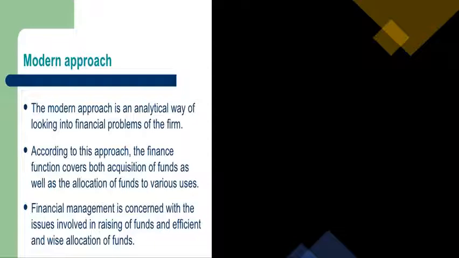The main differentiation is that the traditional approach gave importance only to acquisition of funds, meaning raising or borrowing of funds, whereas in the modern approach both acquisition and allocation, the using of funds, are given more significance. That's why the modern approach stands higher when compared to the traditional approach.